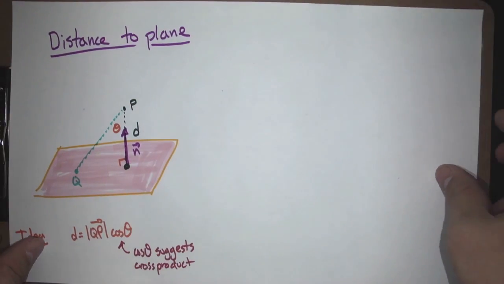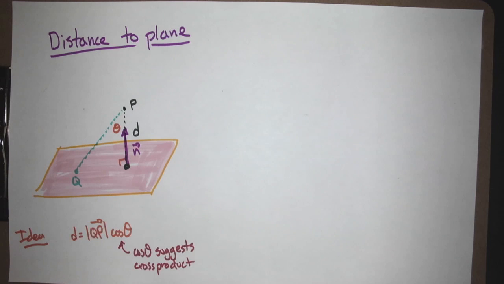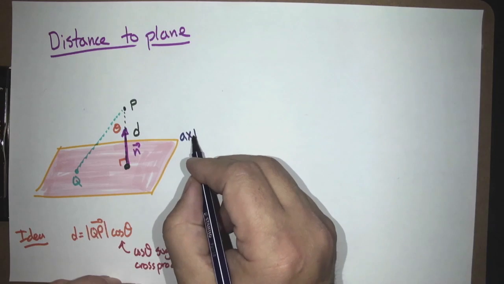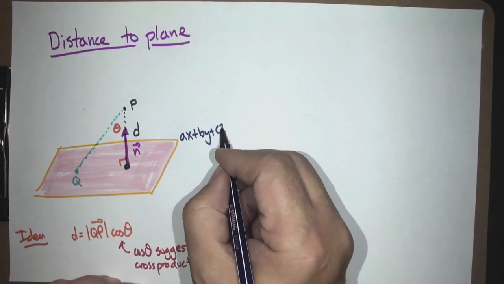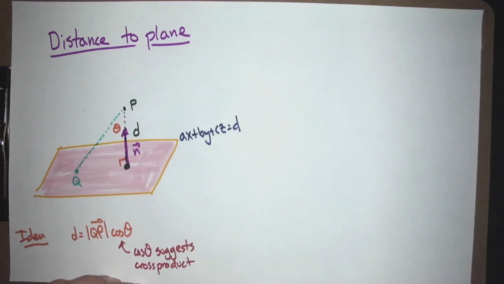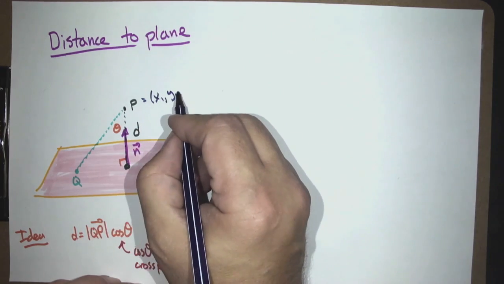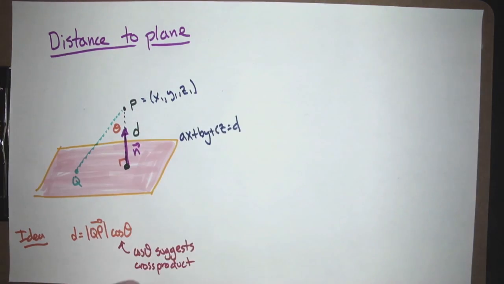All right. A few more things that we have to mention. There's a formula for the distance to a plane. Let's suppose that this plane has the formula ax plus by plus cz equals d. And this point, we'll call it x1, y1, z1.